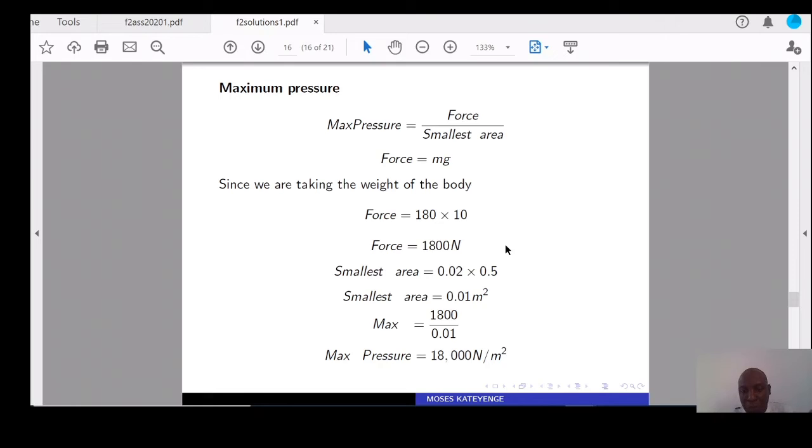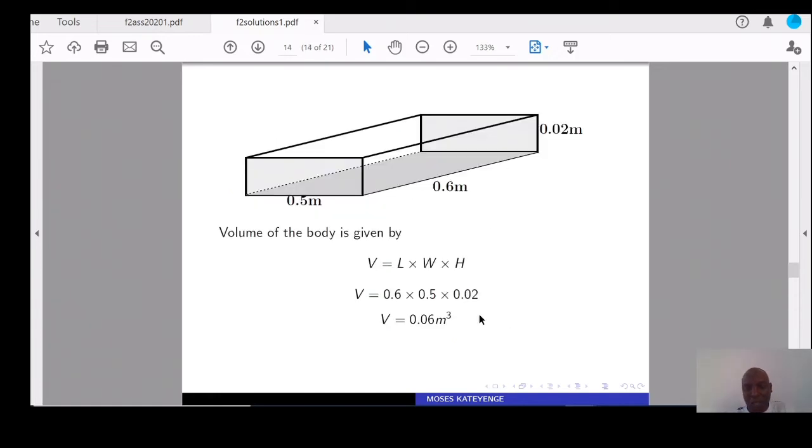Now, what do I do to get the smallest area? I look at my shape, I look at my body, and I look at the face which has the smallest dimensions. In this case, it's going to be 0.02, this one here, and this length here, which is going to be 0.5. So 0.5 and 0.02 will give me the smallest area.